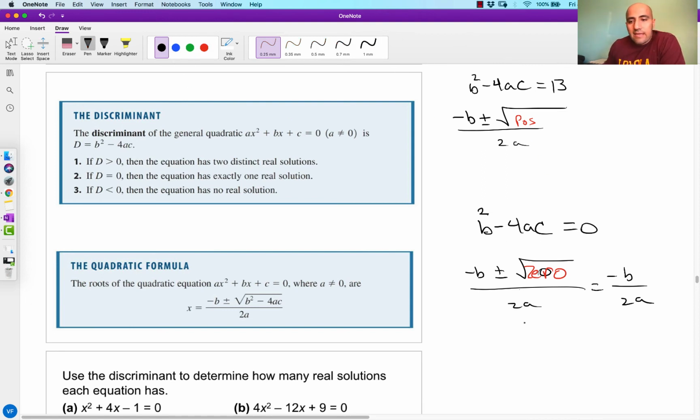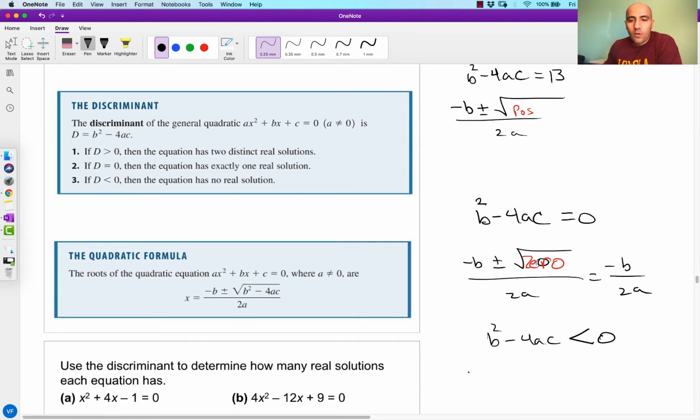And then, again, if the part inside the root, this discriminant, is negative, if b squared minus 4ac is strictly less than 0, then when we apply this formula, we're going to end up with negative b plus or minus the square root of a negative number, divided by 2a.